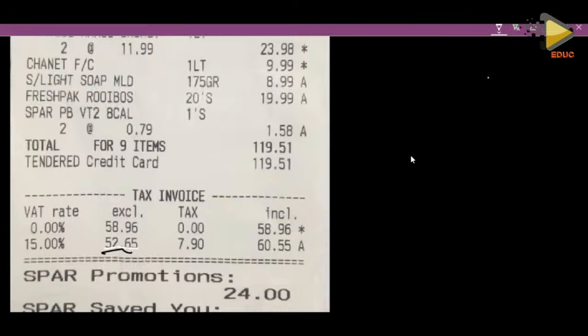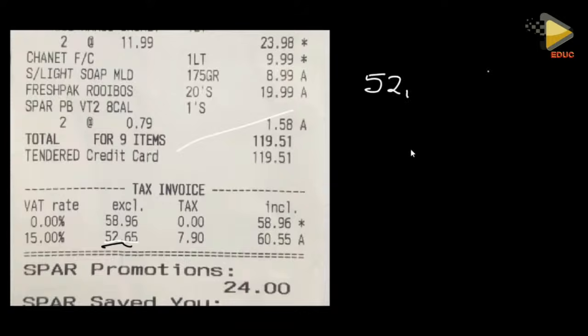Let's see how the 7 rands 90 cents was got. They took the total amount without VAT and multiplied it by 15 over 100.